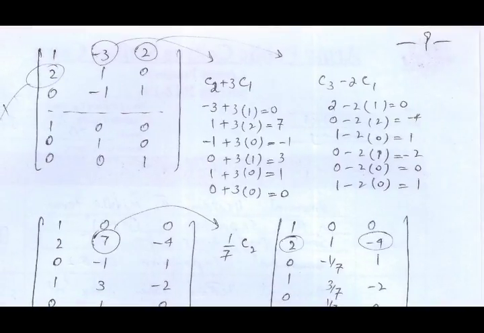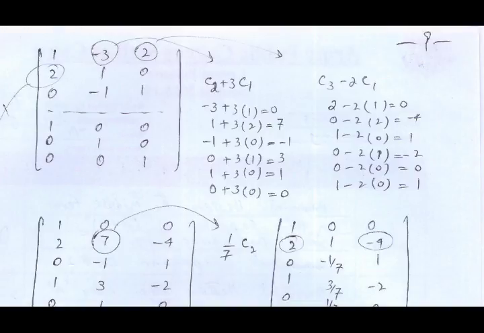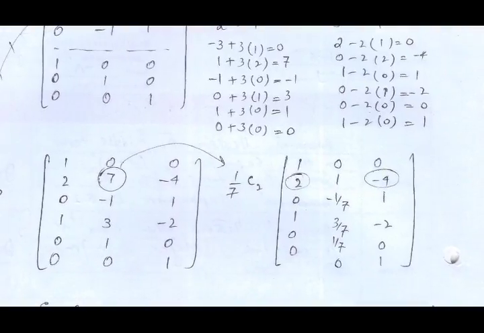We make -3 equal to 0 with the help of 1 in the first column: for -3 in the second column we place +3 C1, and for 2 in column 3 we write -2 C1. We place the values and we have new values in the new matrix, and we arrange our first row.